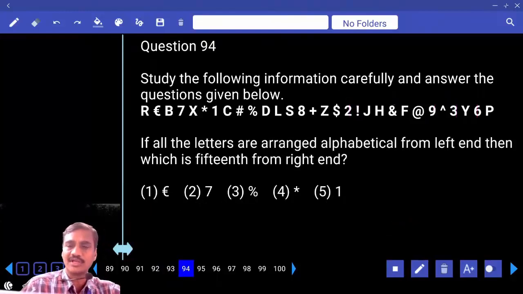Then 94, and if all the letters are arranged in alphabetical order from left end, which is 15th from the right?